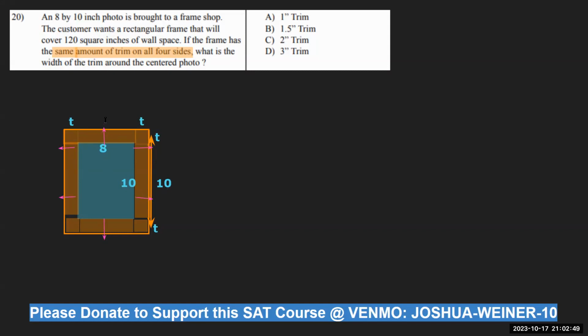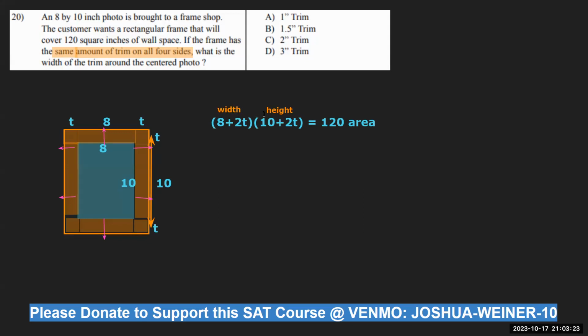So this was 8, and now it's 8 plus 2t. Am I saying that right? 8 plus 2t times 10 plus 2t equals 120 area. So the entire frame with the picture inside. I think so. 10 is the height, and this is the width.